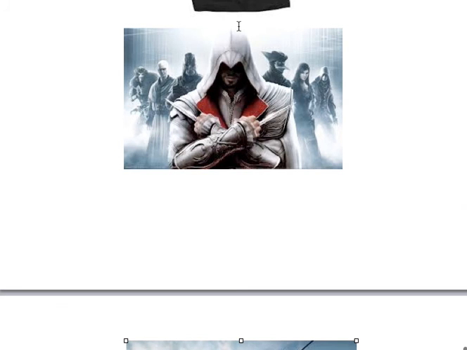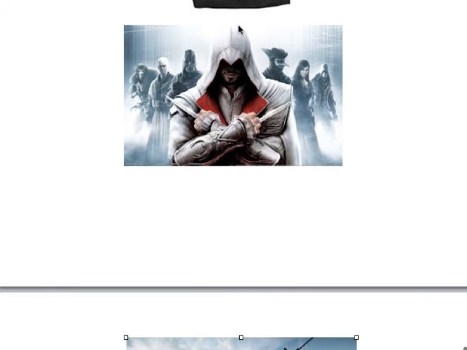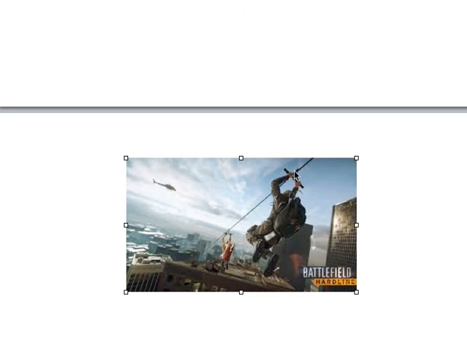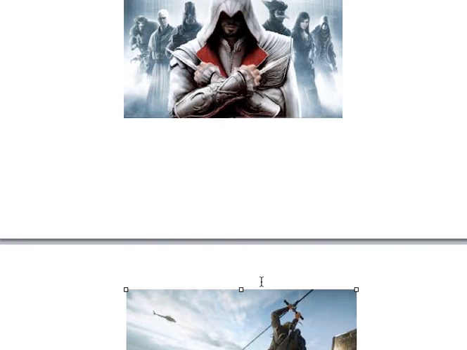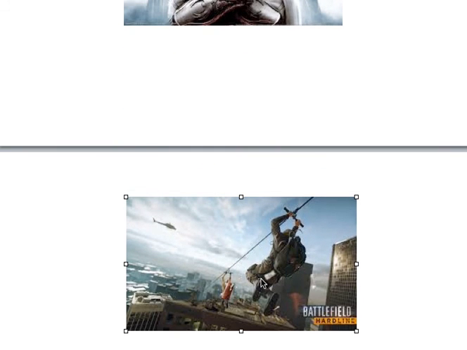You really like Assassin's Creed, and you've played the four others before, but oh my goodness, do I really want this Battlefield Hardline game? And you have to make the decision. What's the cost of buying one over the other? What are the long-term benefits? And how is it going to make you feel?